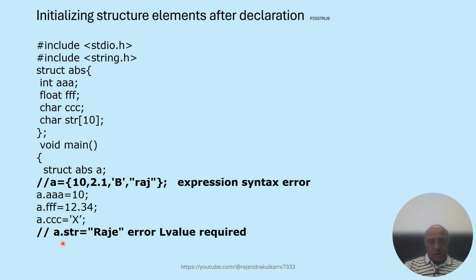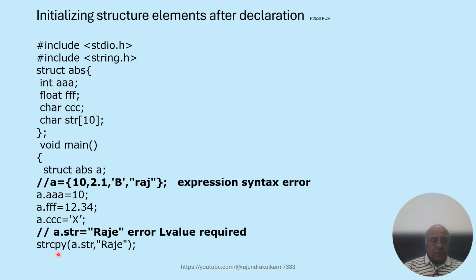We cannot initialize a string which is a part of the structure data type simply by assigning a value to it. What we have to do is use the strcpy function or string copy function that is available in the file string.h.